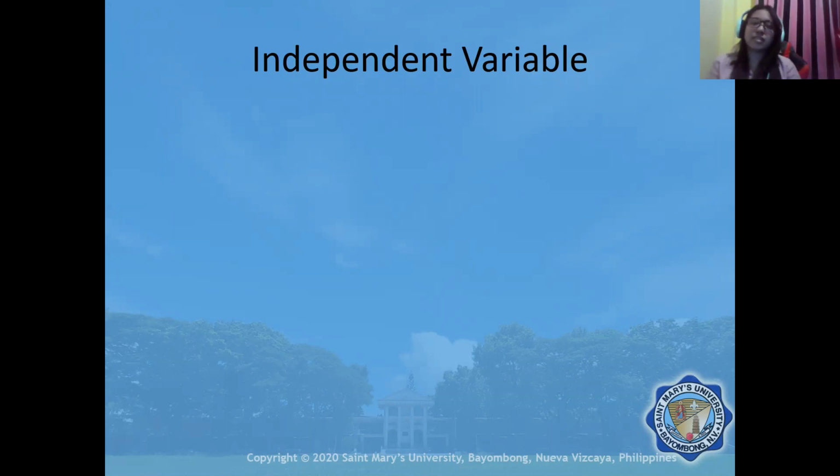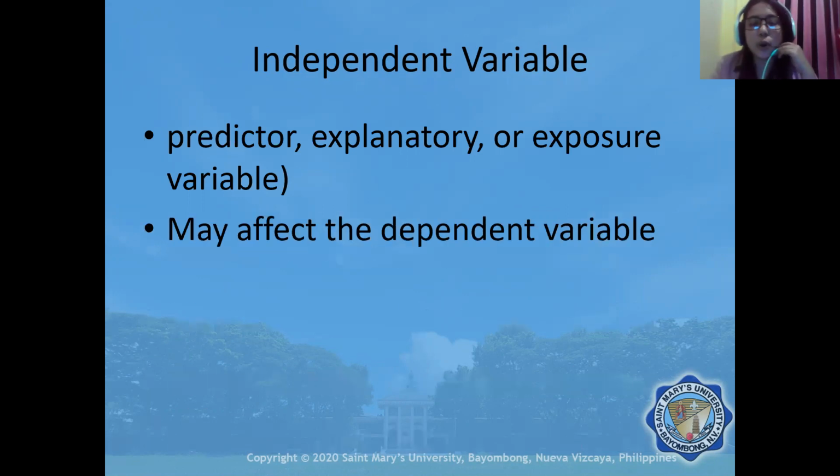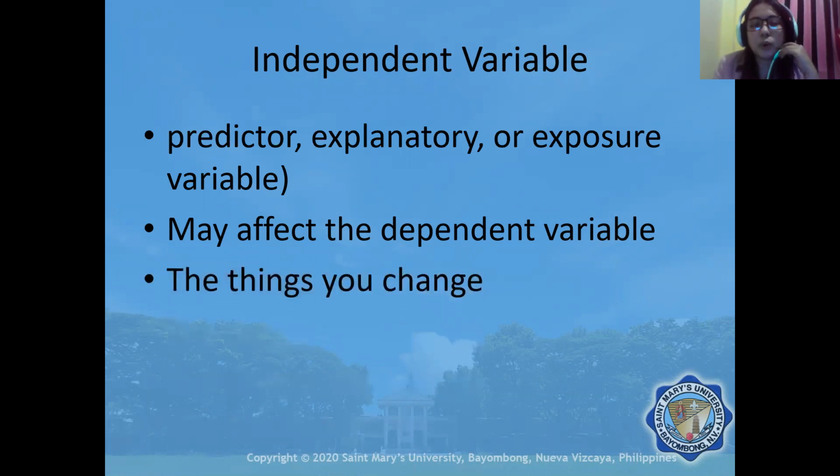So what is an independent variable? Independent variables are sometimes also called predictors. They are called explanatory or exposure variables. And these are the variables that may affect the dependent variable. It is also the things, or rather the variables, that you change.